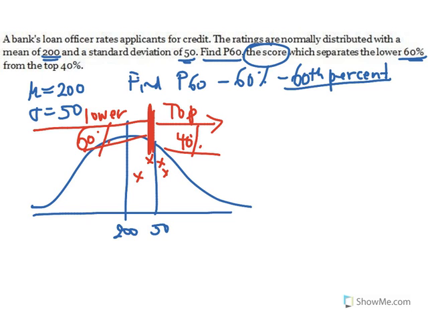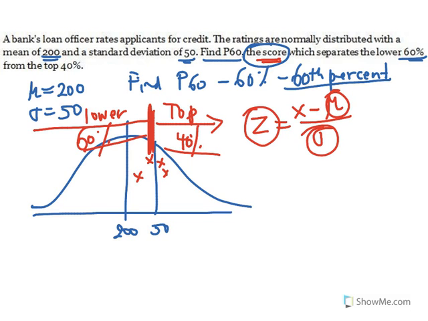Okay? Now the first thing we need to do here, since we don't have the z, is to find the z in order to find that score, because z equals x minus mu over standard deviation. We have mu, we have standard deviation, we don't have z, and we really need to find x. So we need to find z right now. With 60%, we know that P60 will be an area of 0.6000.